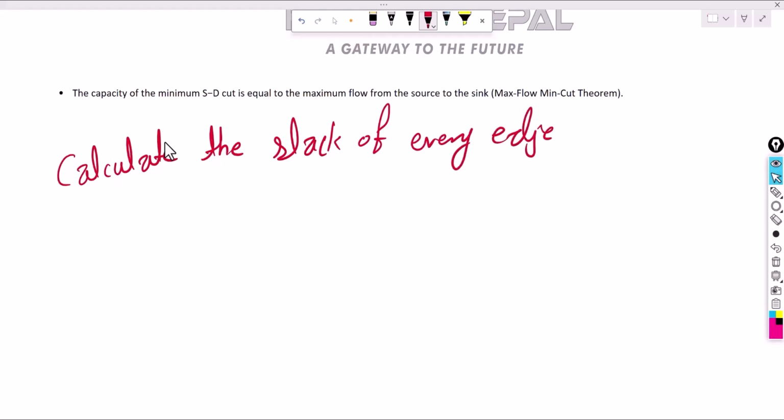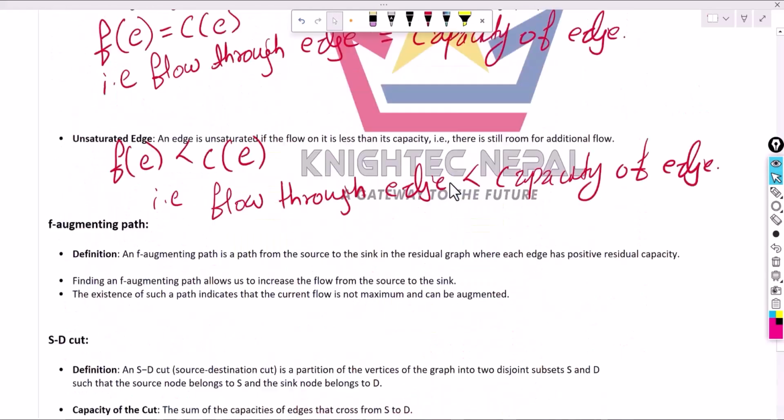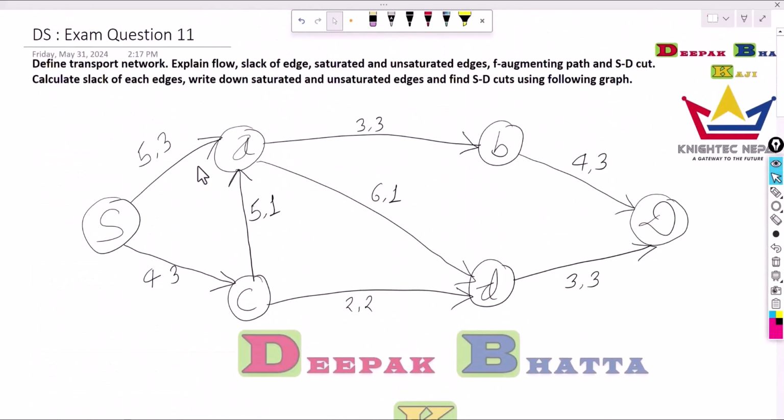So first of all we need to write down every edge. S to A is one edge, S to C is another edge, C to A is another edge, A to D, A to B, B to capital D, small d to capital D. These are all the edges and we need to calculate the slack of each edge.